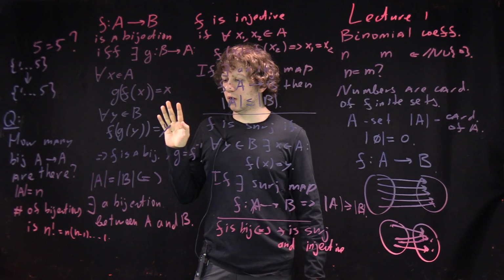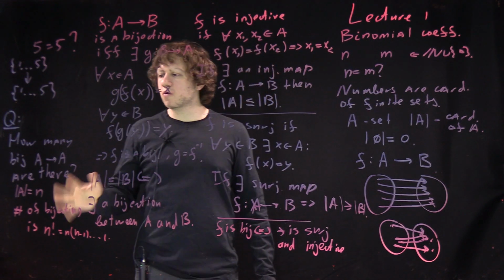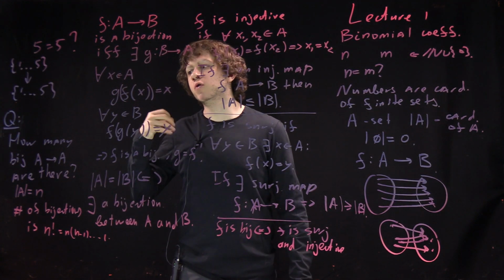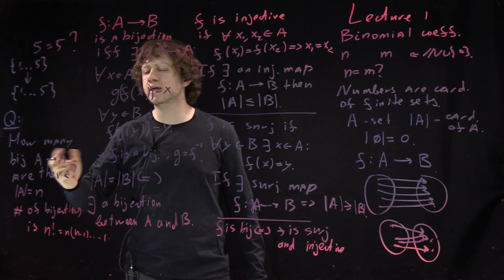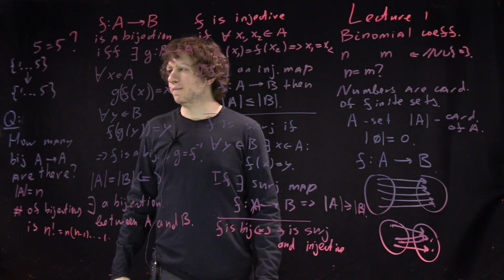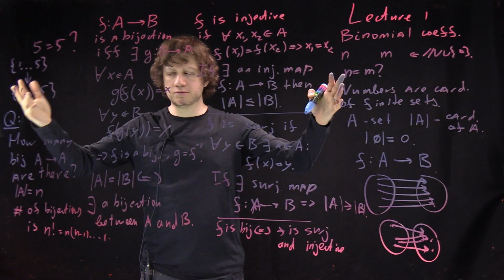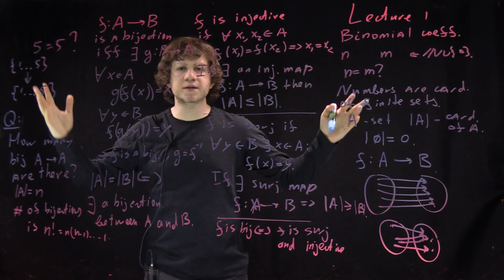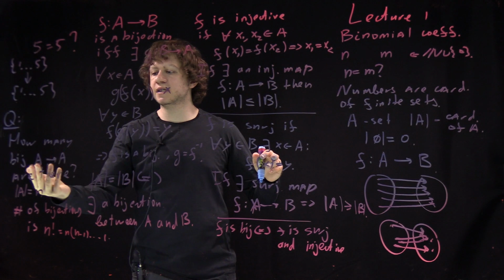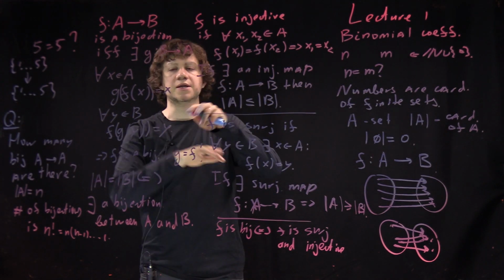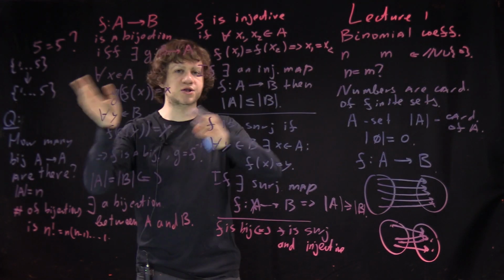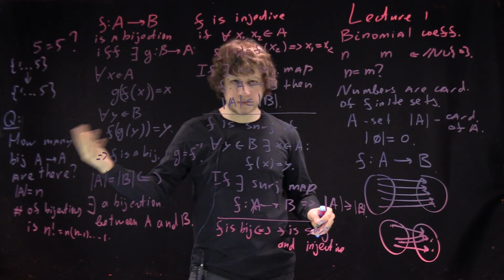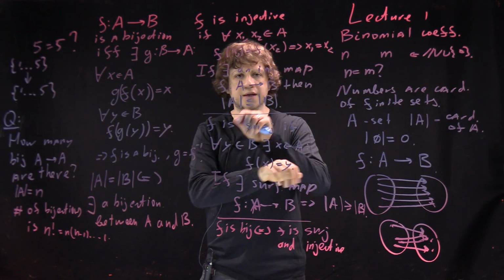So n factorial is the number of bijections from a set to itself. Okay, so of course one can go deeper. One can try to understand what properties bijections have and how they sort of talk to each other. Because if you think about some set, let's imagine a set of 10 elephants, then a bijection of the set to itself is just a way to permute them. So take one elephant, move it somewhere, exchange places between them, and so on. So one can think about bijections from a set to itself as just permutations of elements.